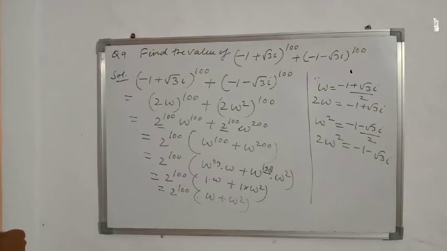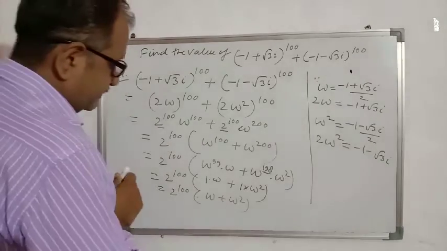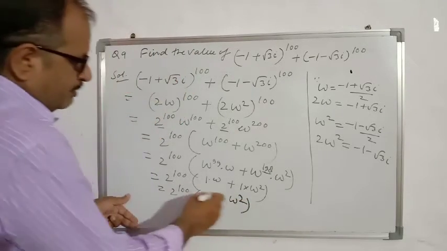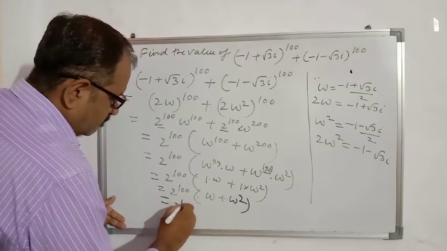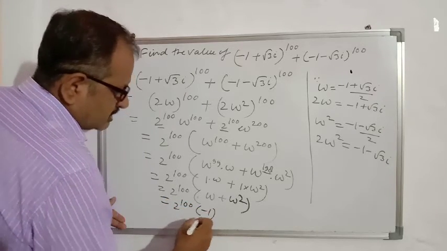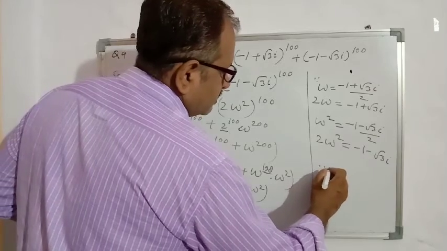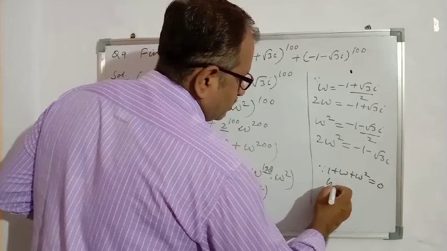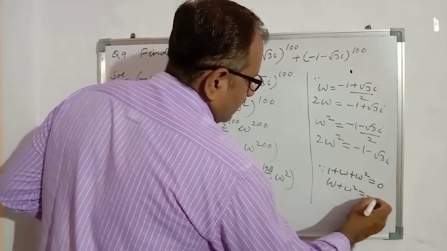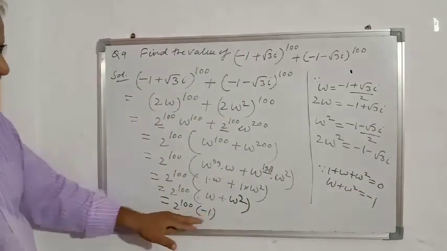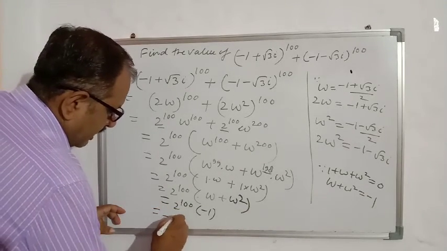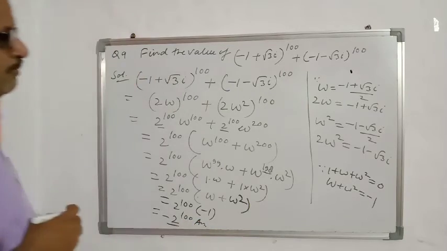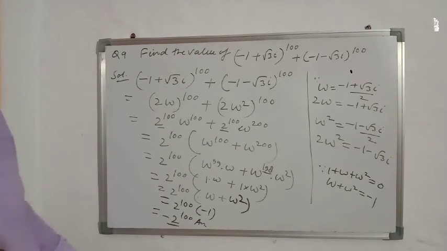What is omega plus omega square? Since 1 plus omega plus omega square is 0, omega plus omega square is minus 1. Put here minus 1. So it will be minus 2 to the power 100. This is the answer: minus 2 to the power 100.